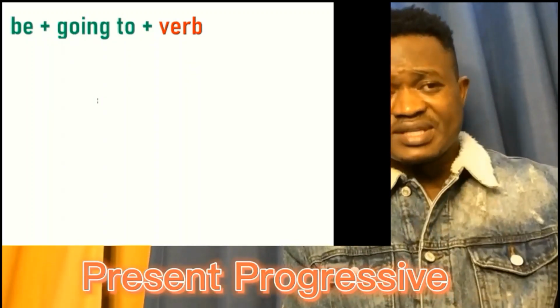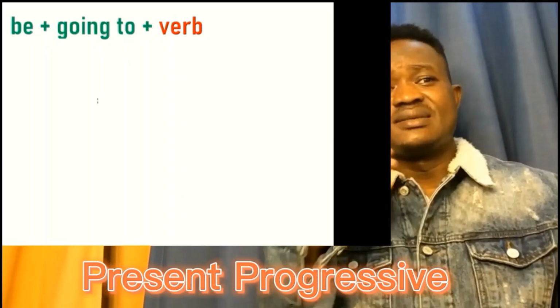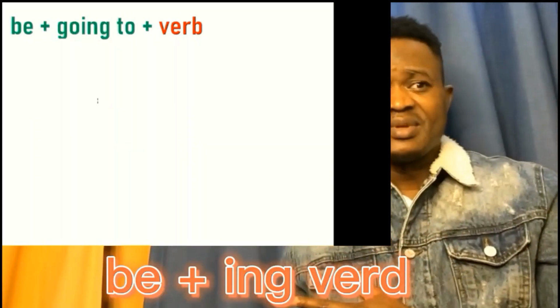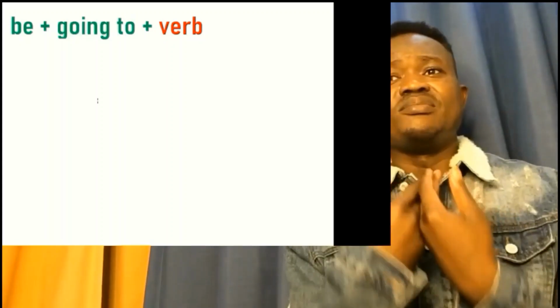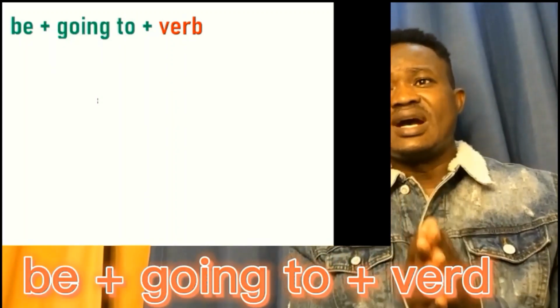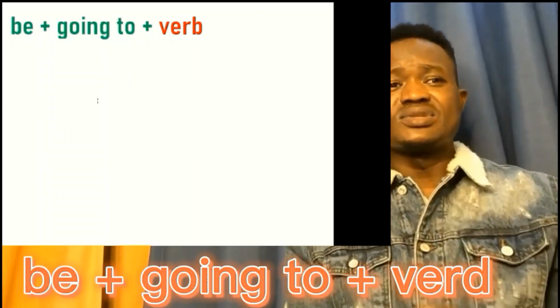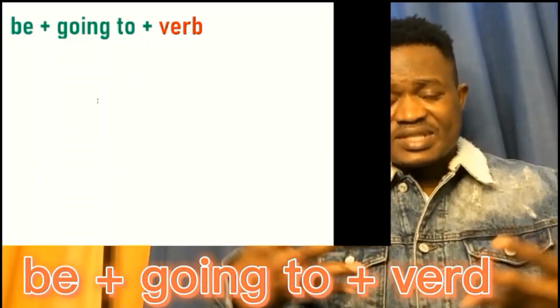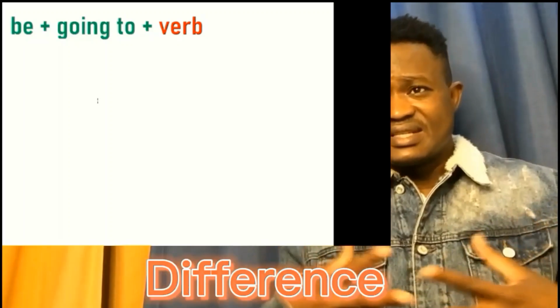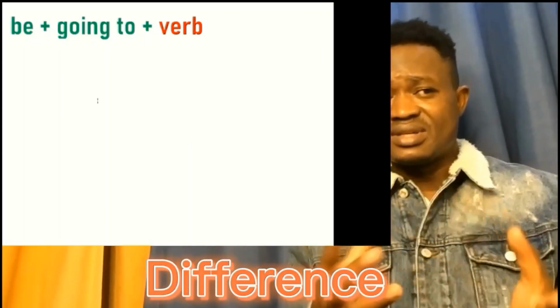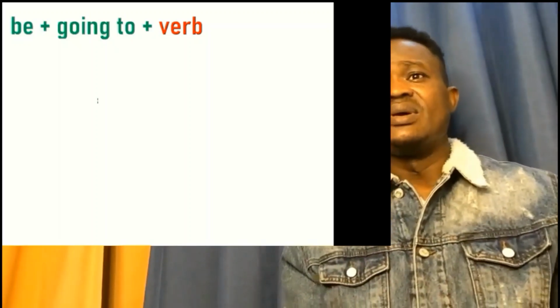In the present progressive, the formula is be plus ing verb. But in be plus going to, we have the addition of a verb after going to. So this makes the difference. They are both talking about the future, but be going to talks about the future in a present progressive form.